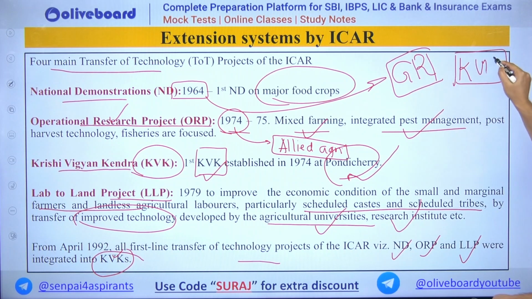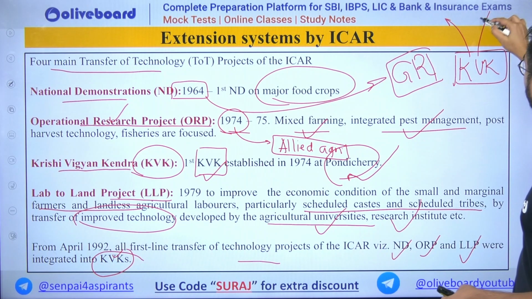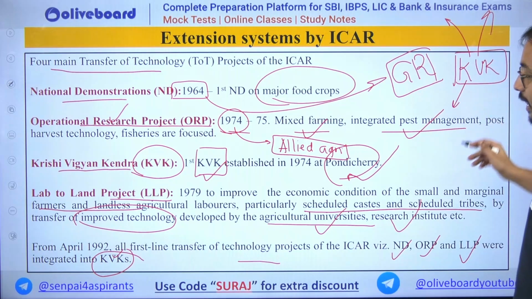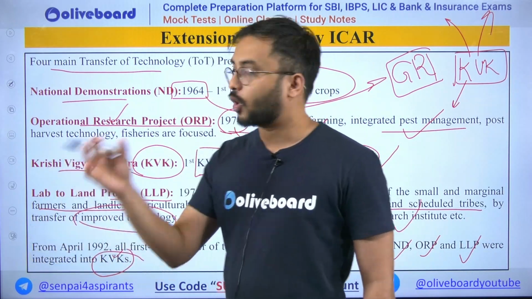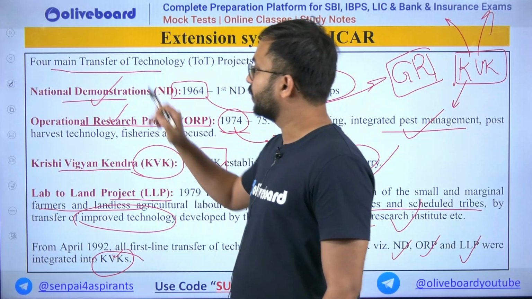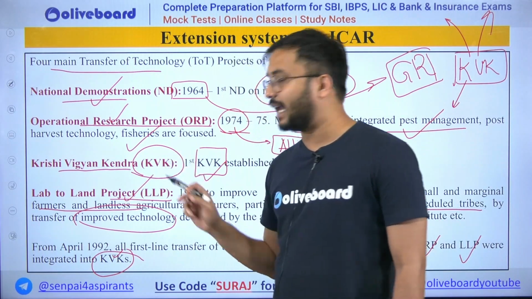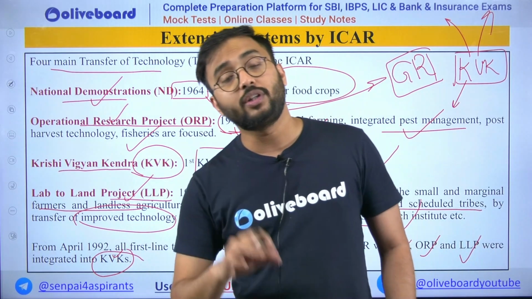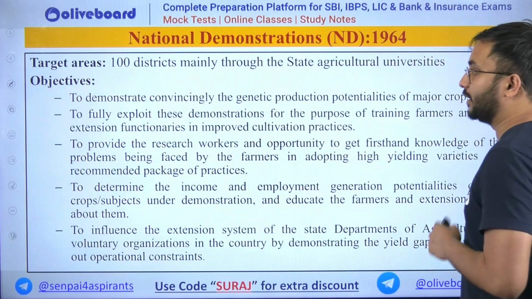It disseminates technology, and it also extends the reach of national demonstration, operational research project and Lab to Land project to different farmers in different regions. So this is what Krishi Vigyan Kendra does.